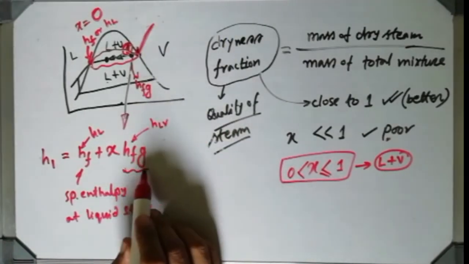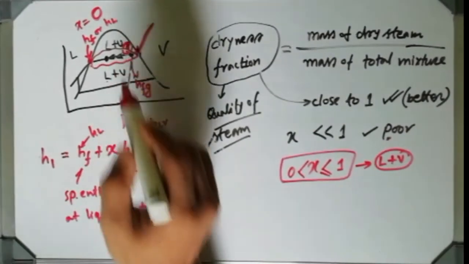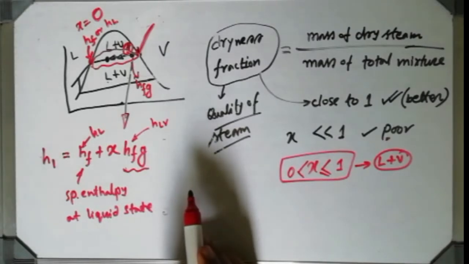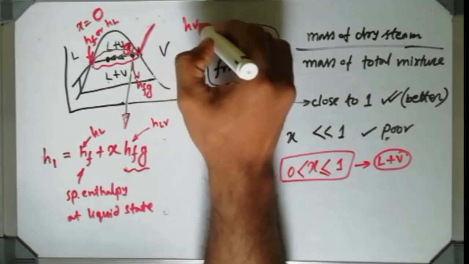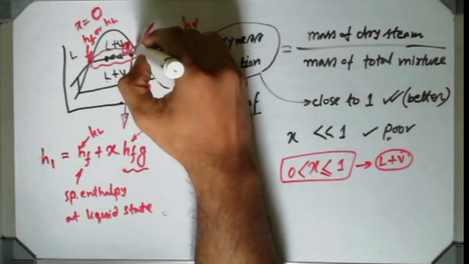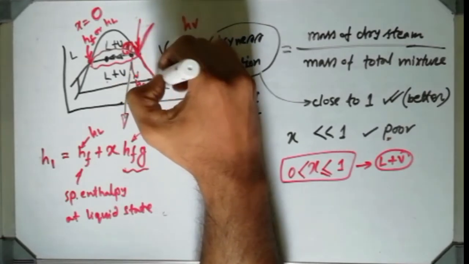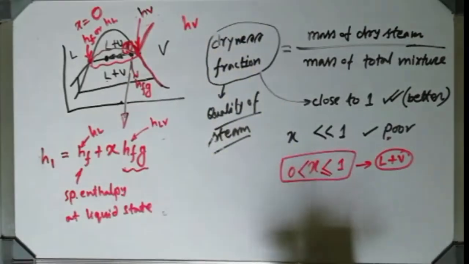F stands for liquid and G stands for gas, and X is the dryness fraction at this particular point. And in the steam table you have seen one more enthalpy, which is expressed by HV. HV means the enthalpy at this point on the dry saturated line is expressed by HV.